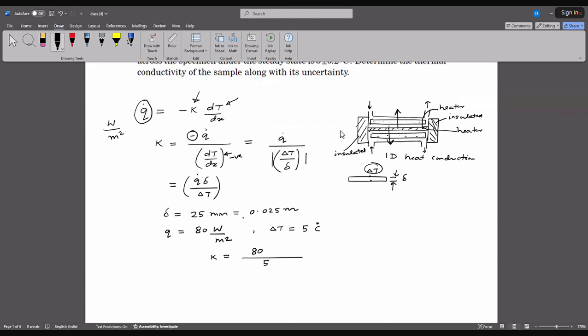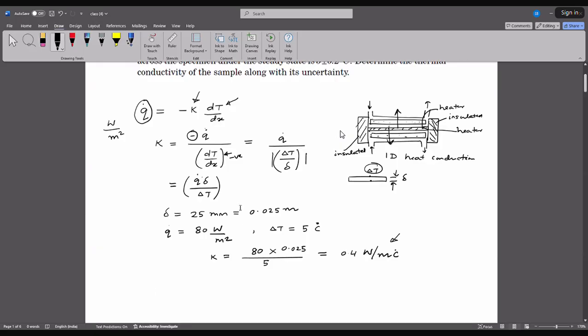If you calculate this correctly, you get 0.4 watt per meter degree C. This is the unit of thermal conductivity.